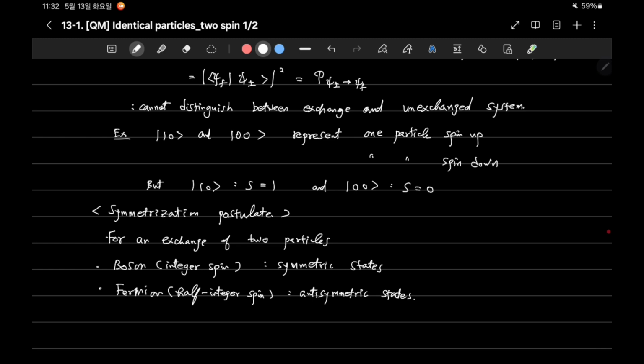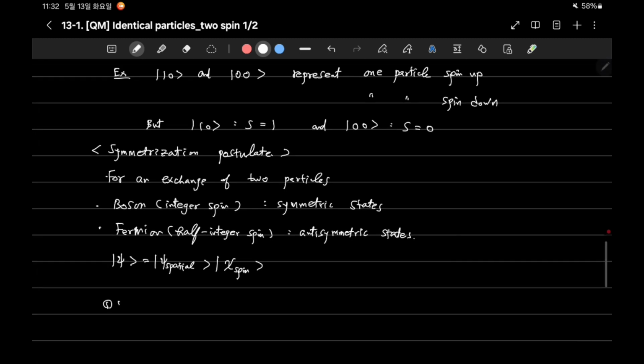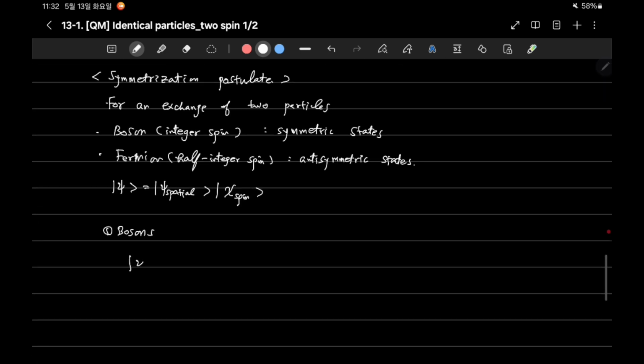We already know this, but we should keep in mind that the total wave function has two parts. One is the spatial part, and the other is the spin part. The spatial part and spin part wave functions can be separated. And in the boson case, the bosonic wave function has two possibilities.